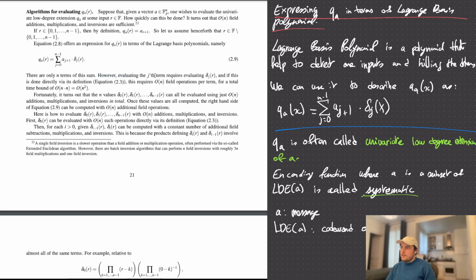However, evaluating the terms requires evaluating delta of j, and if it's done via its definition, this requires O of n field operations per term, for a total of O of n squared. Fortunately, it turns out that the n values of all delta of j can be evaluated using just O of n additions, multiplications, and inversions in total.